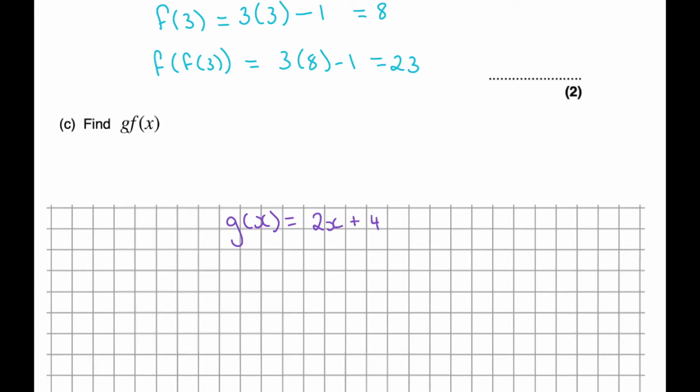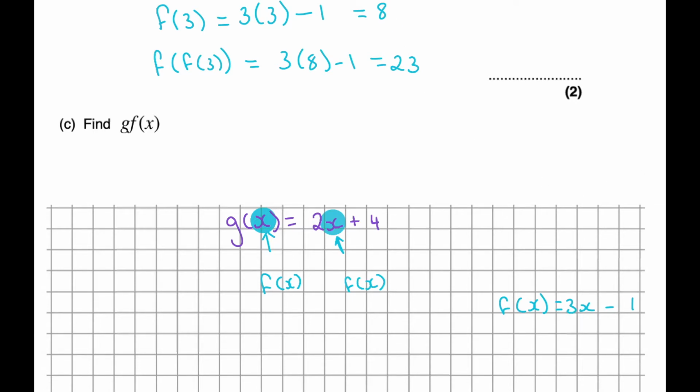And then I'm putting into that, instead of x, I'm actually feeding in the function f of x into those two places there. Now f of x was a function itself. f of x was 3x minus 1. So instead of that x there in g of x, I'm actually going to replace it with 3x minus 1.